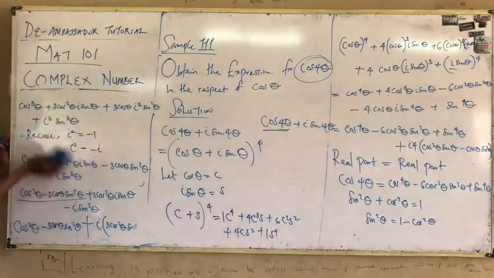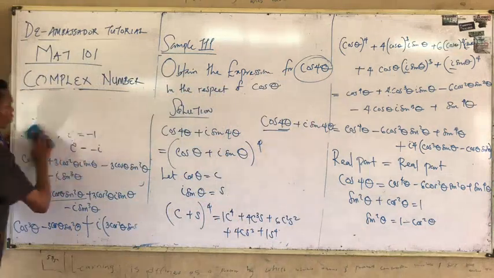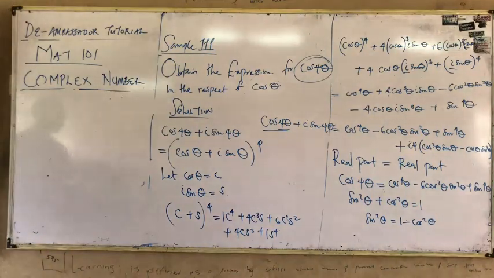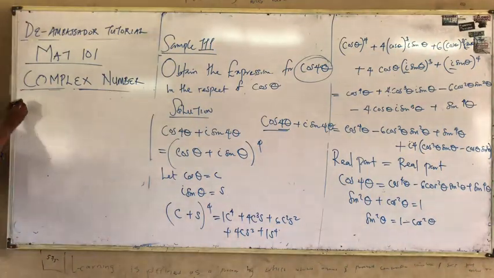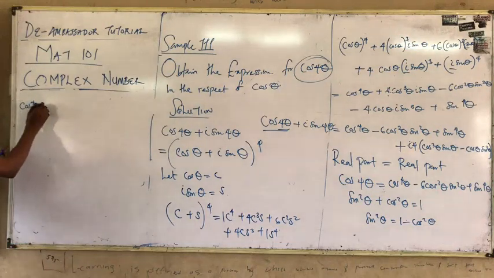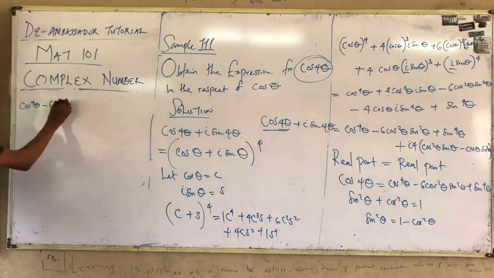So what would I have? Watch. This is cos 4 theta minus 6 cos square theta.